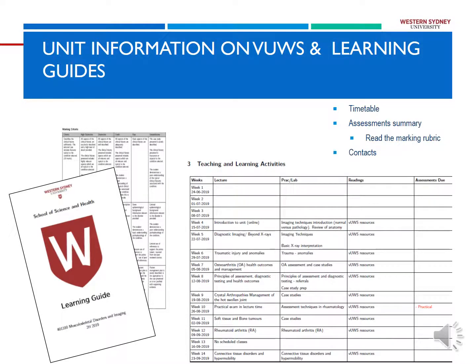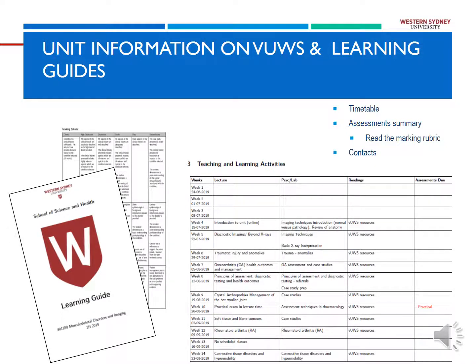It is important that you do review the information available for you about the unit on the VIEW site as well as within the learning guides. Now the learning guides can be accessed directly from the VIEW site and they're also available at the library. It is your responsibility to make sure you understand the learning guide.